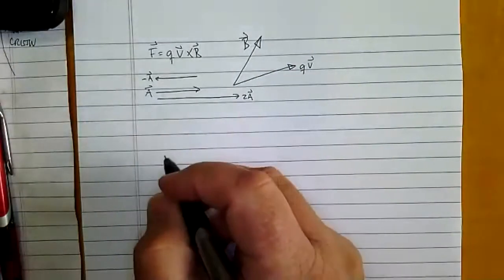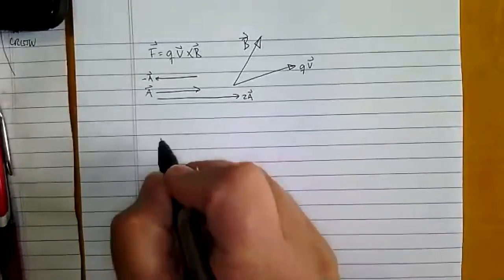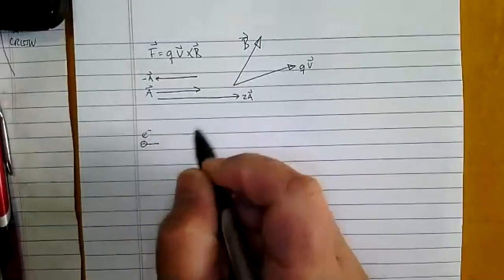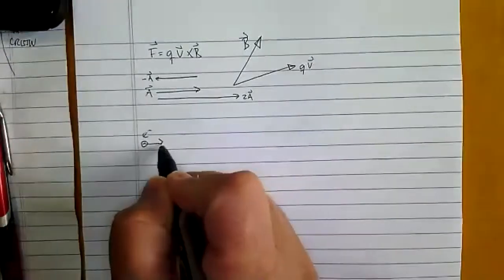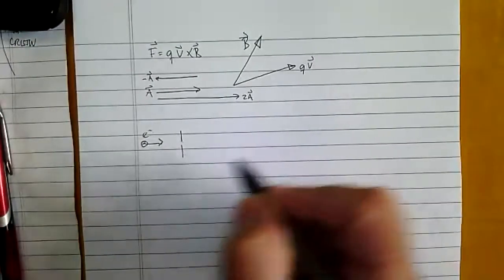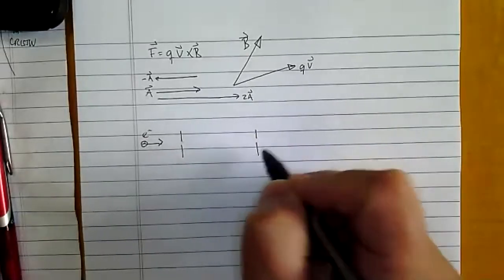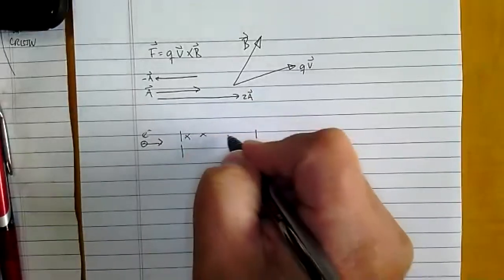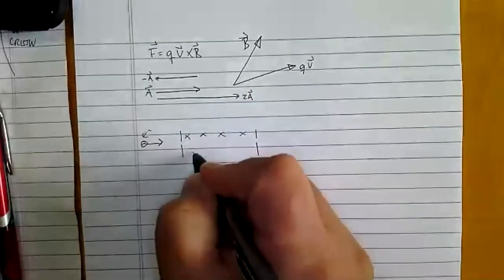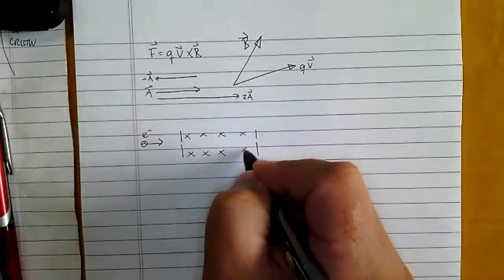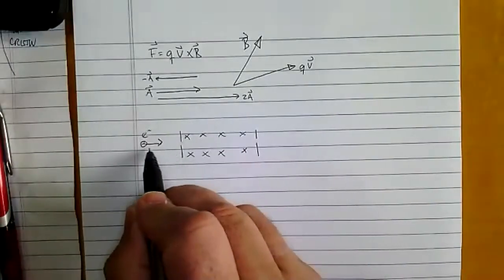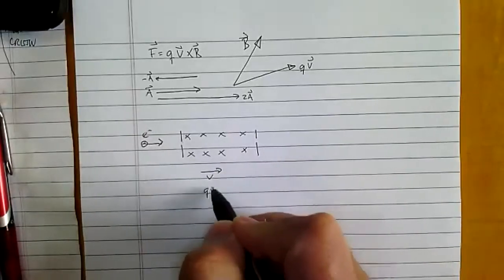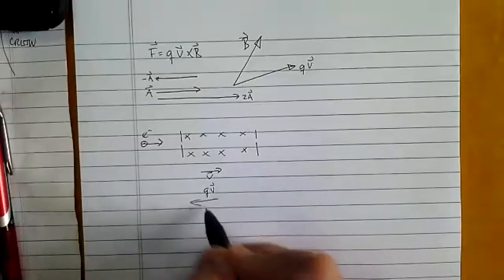For instance, if you actually send an electron, say, there's an e minus, if we send an electron through a little hole, and then through a directly aligned hole where the magnetic field is actually pointing into the paper, say, and it's uniform, then what will happen, since this electron, V is this way, but it's an electron, so QV will actually point this way.